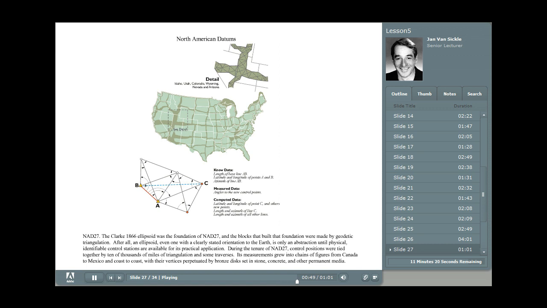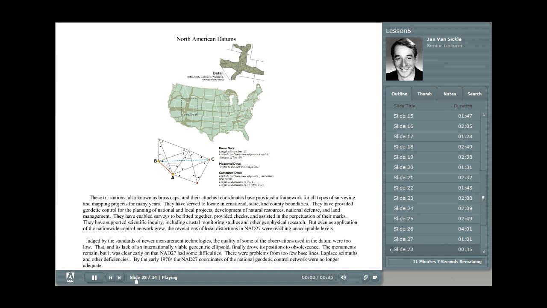But of course, based upon this coordinate system, this datum, NAD 27, brass tablets were placed all over the United States that are still reference marks that are used today. But originally they were established optically.